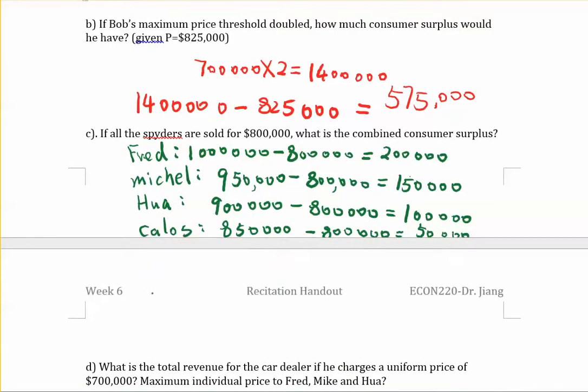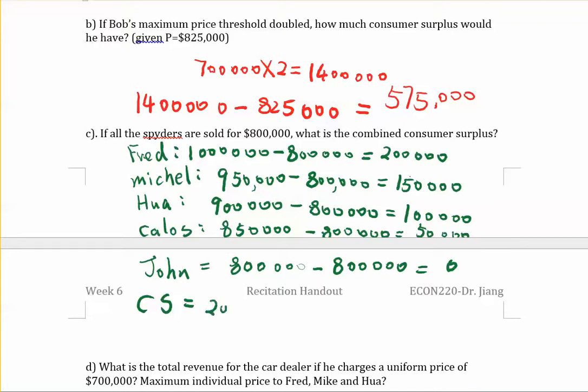So John's consumer surplus is $800,000 minus $800,000, equal to 0.